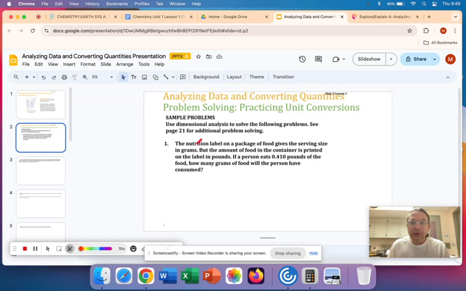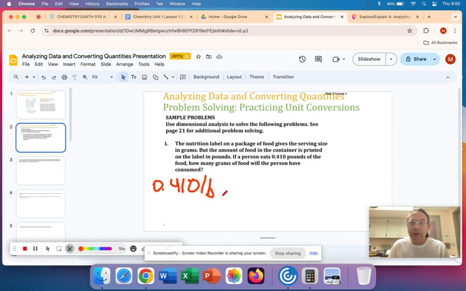So it says the nutrition label on a package of food gives the serving size in grams, but the amount of food on the container is printed in pounds. If a person eats 0.410 pounds of food, so let's put our starting units, 0.410 pounds, which is LB for some reason.